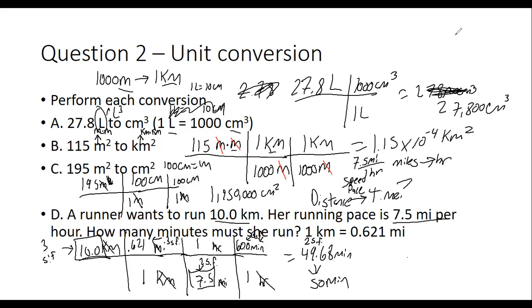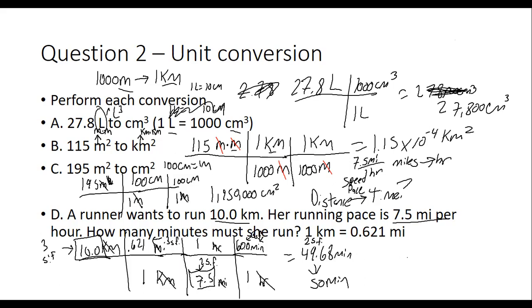So I only care about Sig Figs when the numbers are given. Rule of thumb is if it's a conversion, you generally don't care about those Sig Figs. There are exceptions to that, but generally in conversion factors, like minutes to hours, those are exact numbers.